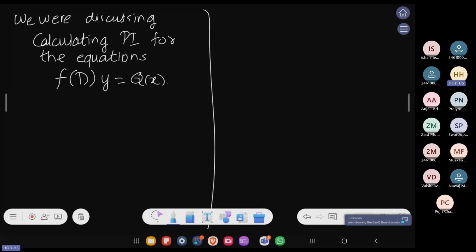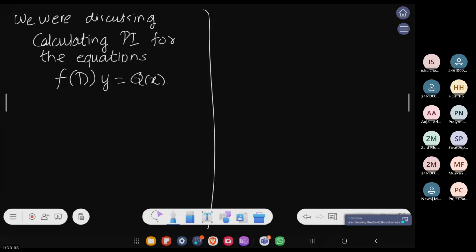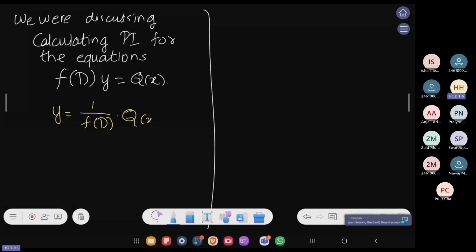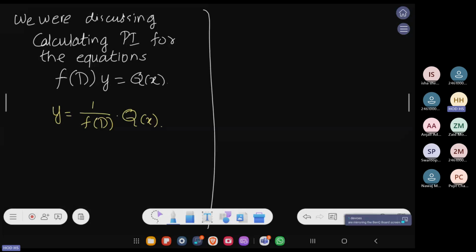We're calculating the particular integral of the equation of this type. The particular integral had the form 1 upon f of D times q of x. And we are trying to find the meaning of that quantity, 1 upon f of D.